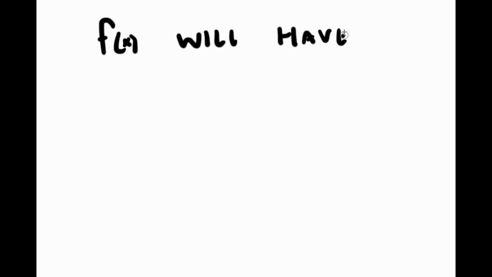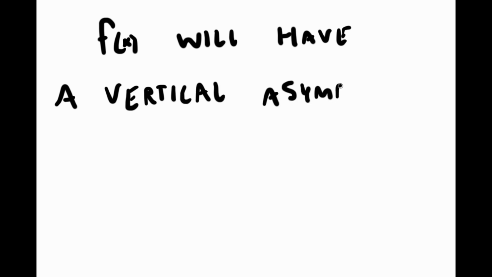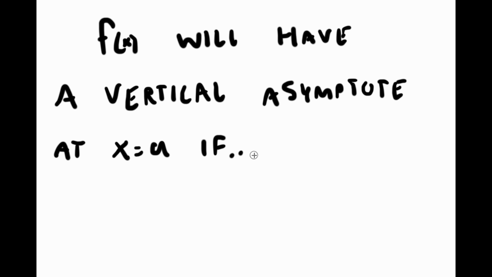So basically, the function f of x will have a vertical asymptote at x equals a, and as we remember, as x approaches a, that's what we were referring to, the value that x approaches.